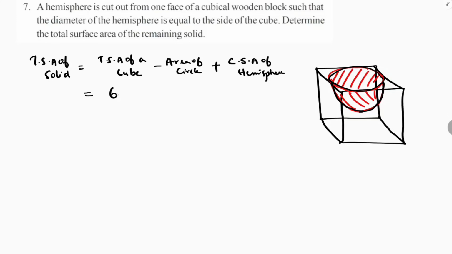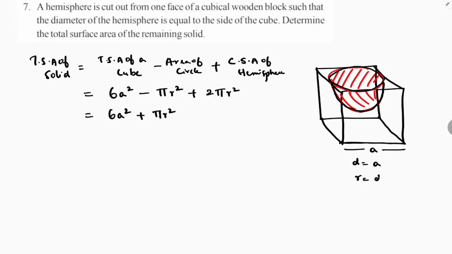So total surface area of the solid is 6a square minus pi r square plus 2 pi r square, which is 6a square plus pi r square. Now it's not given anything, but if I consider the edge as a, then diameter will be a, radius will be half of diameter, radius will be a by 2.